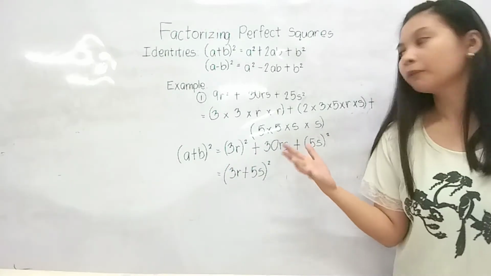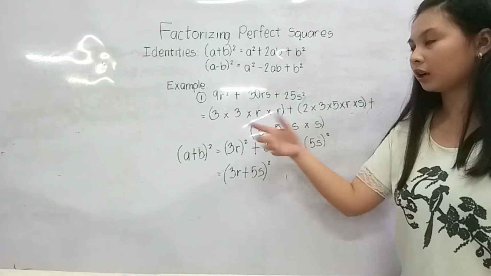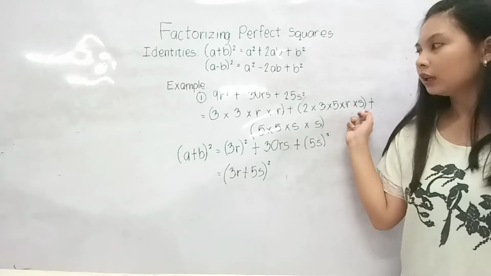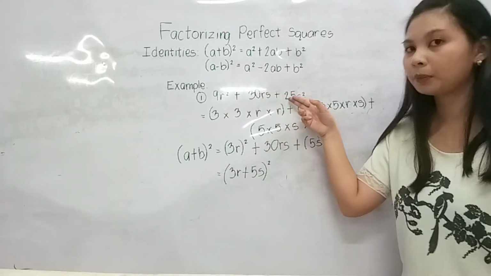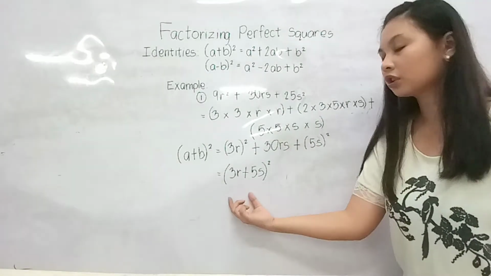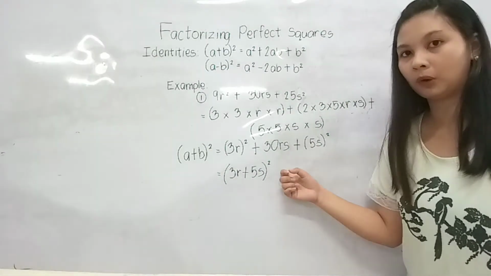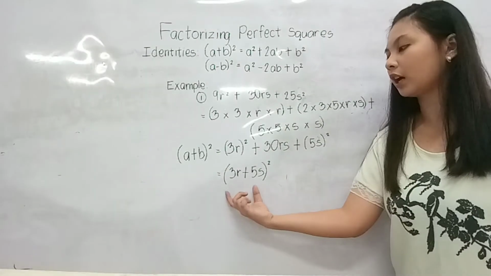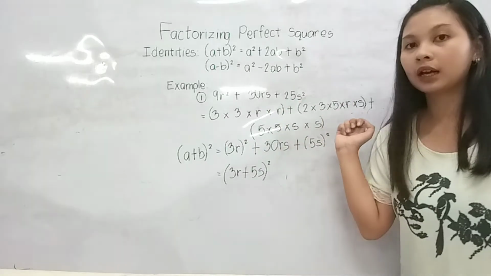Actually, hindi nyo na kailangan ng mahabang method na to, yung i-identify nyo yung factors niya. Basta po pag nakita nyo na ang ating first term and last term is a perfect square, pwede na nyo agad siya ma-factor, which is (3r plus 5s) squared po. Kapag in-expand natin itong factors na to, babalik tayo dun sa ating pinaka-equation po.